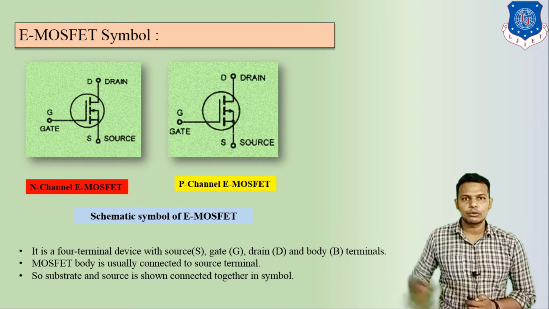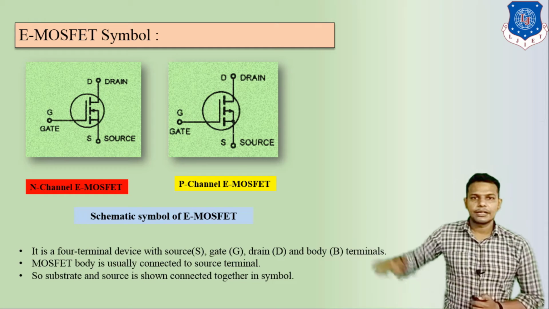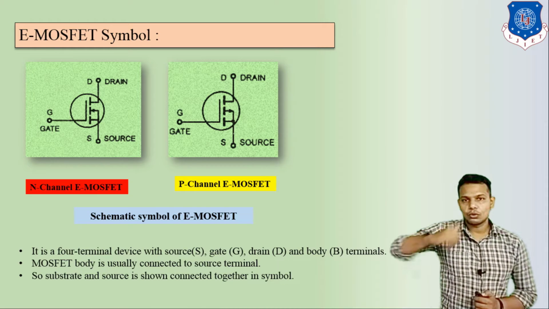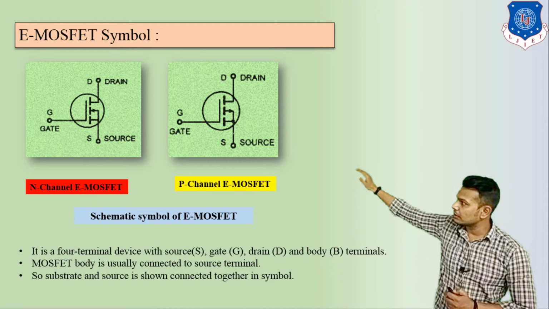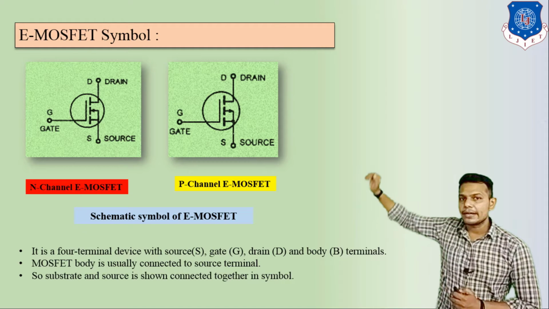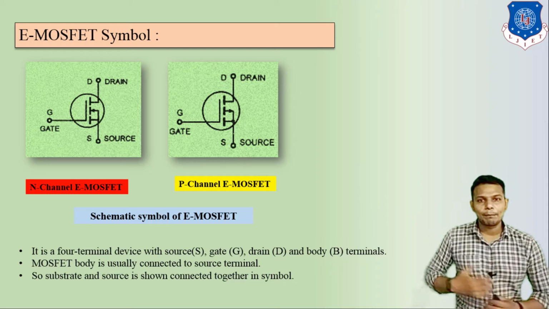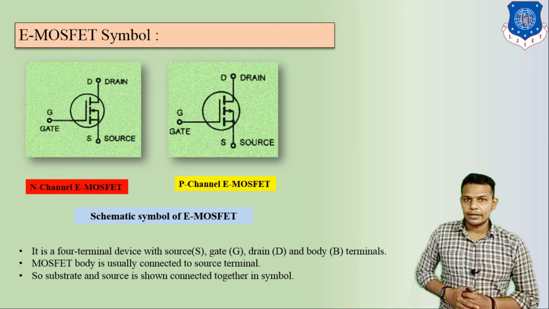So let us discuss the symbol. Here we can see the symbols of E-MOSFET. First is the N channel E-MOSFET, and here you can see the P channel E-MOSFET. Now compare with the D-MOSFET.